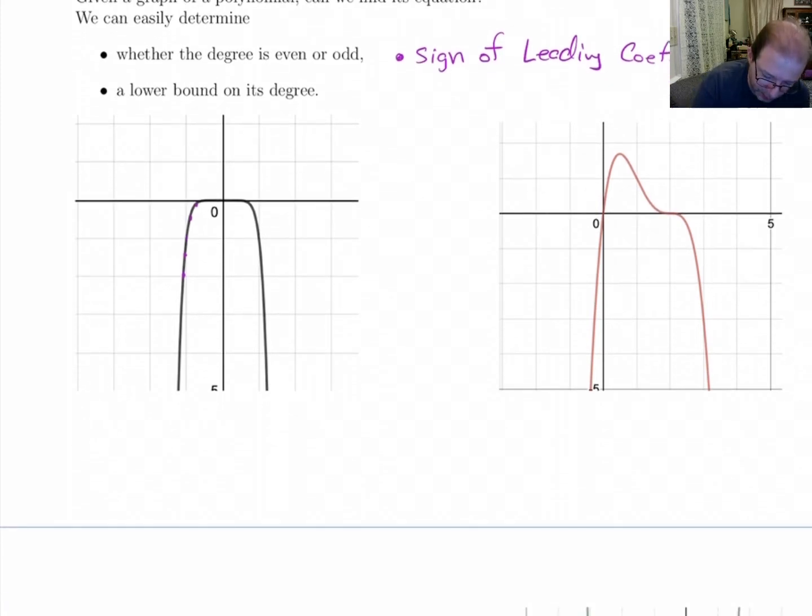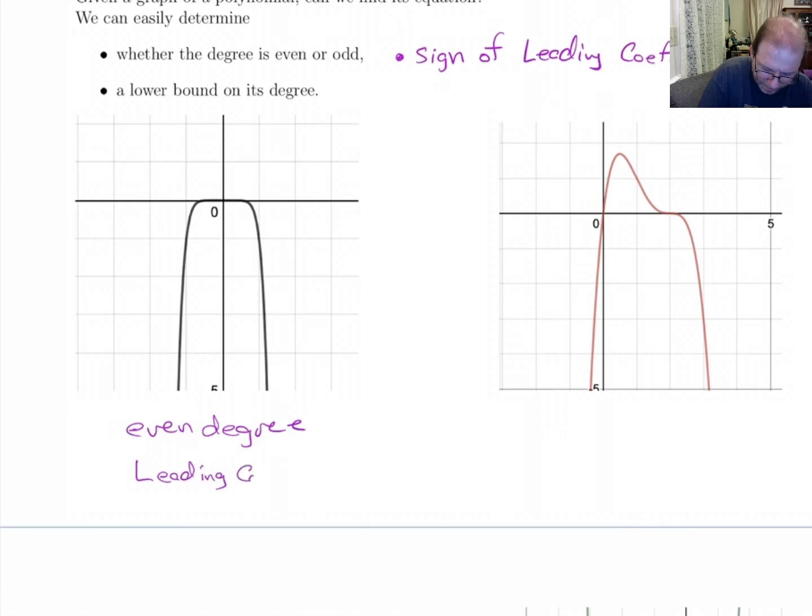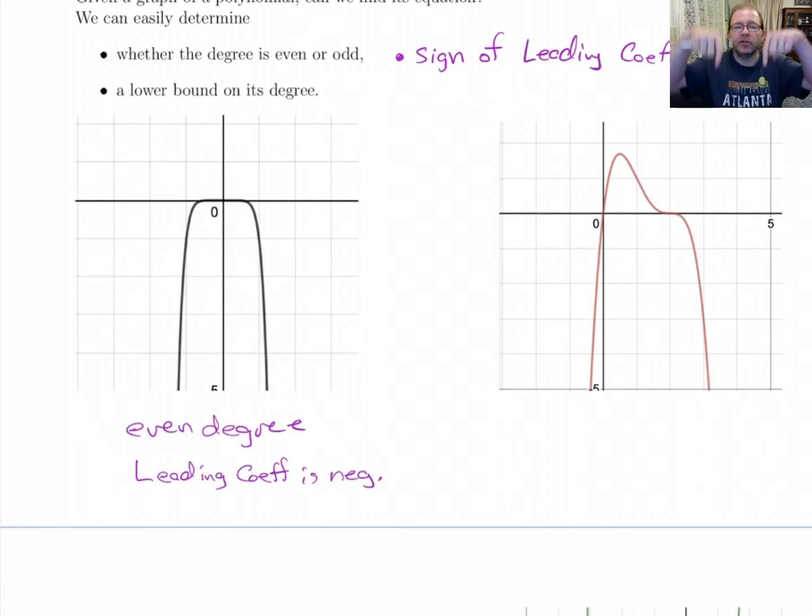This first one, if you look at this, both ends are going down. So that tells us that it's even degree, and the leading coefficient is negative. And we know that because both ends are going down.